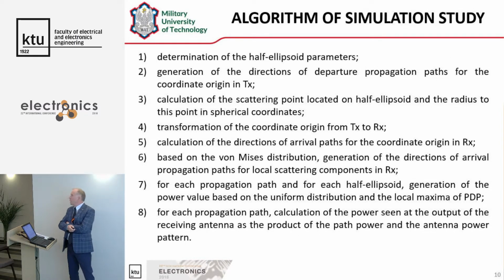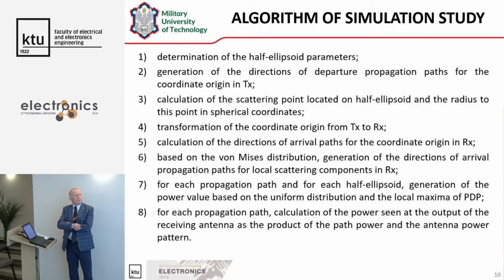We have made several simulations according to this algorithm. The first step of the algorithm is the determination of the half ellipsoid parameters, which consist of the multi-elliptical propagation model. The second step is generation of the directions of departure of the propagation paths, for the coordinate origin located at the transmitter position.